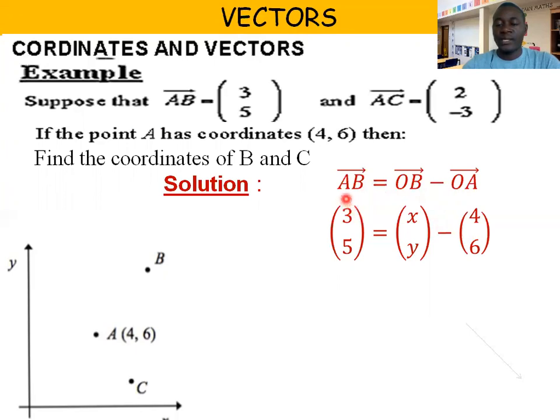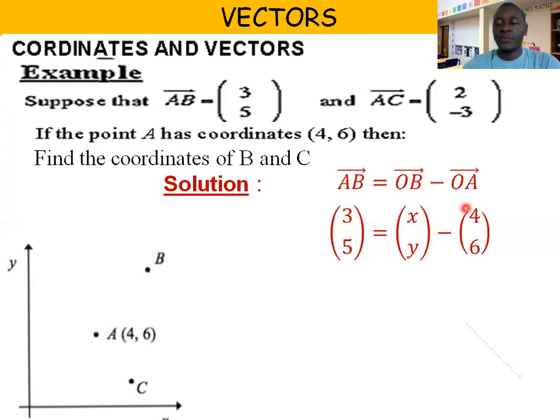So AB is the column vector (3, 5). My OB, I do not know the coordinate of the point B. Therefore, I cannot write the position vector of the point B. So I'm going to write the position vector of the point B, which is OB, as the column vector (x, y).